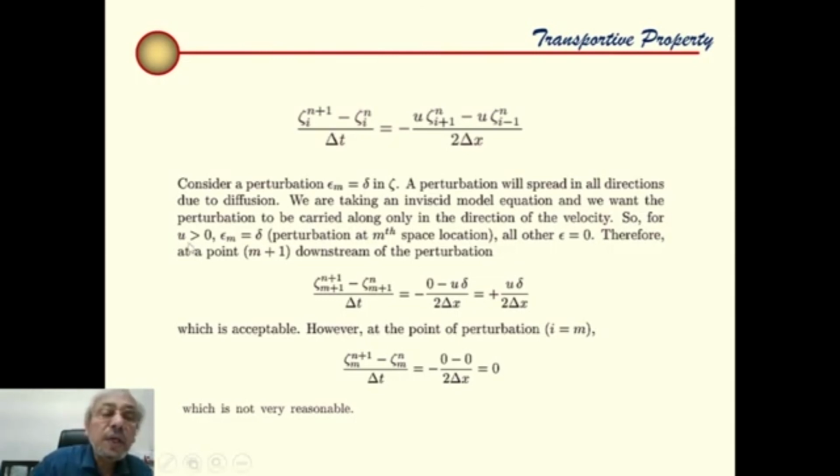So for u greater than 0 and epsilon m equal to delta, a perturbation at the mth space location, all other epsilons are 0. Now we substitute here, having perturbed at the mth location. We are trying to see what happens at the next time step at I equal to m plus 1.